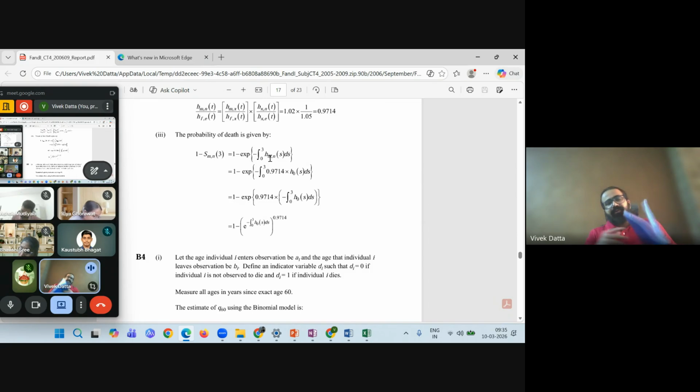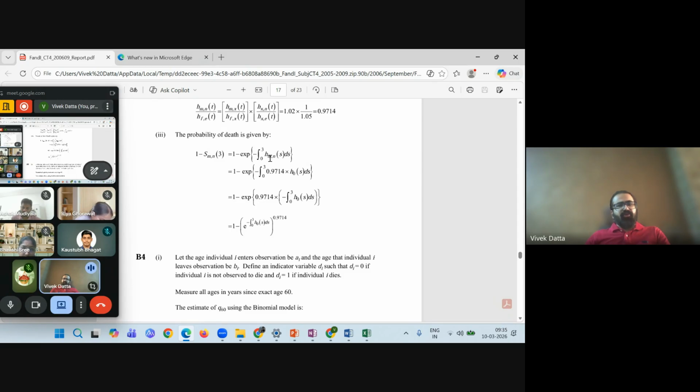Okay, so this is how you will write the third one. Only difference is you've been asked here TQX rather than TPX. So instead of writing e raised to minus the integral from 0 to 3 of h naught t, you will directly write it as 1 minus e raised to that, and you leave it at that.